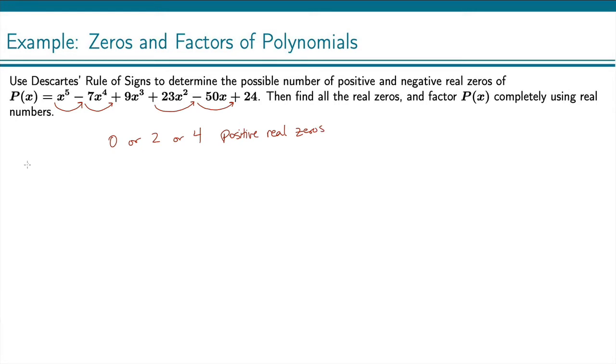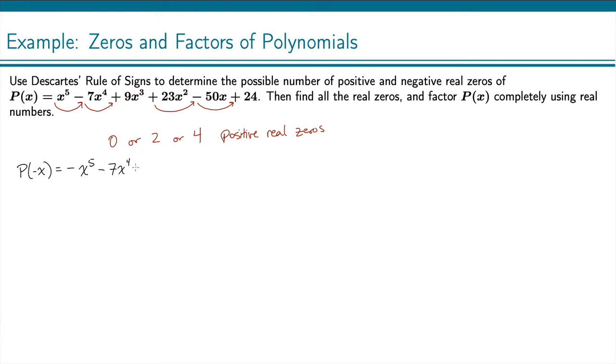Then we look at the variations in sign in p of negative x. Every x that has an odd exponent, we're going to change the sign in front of, and the even ones don't change. So the odd exponent here, x to the fifth, becomes negative x to the fifth. Then here we have an even, so that doesn't change, minus 7x to the fourth.